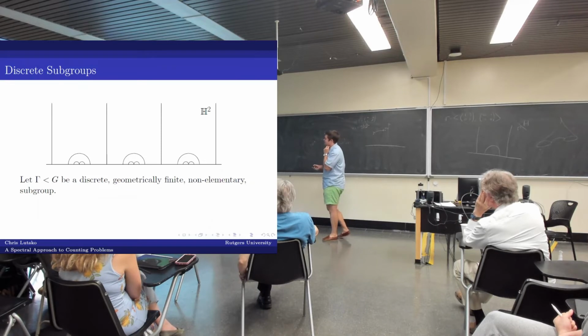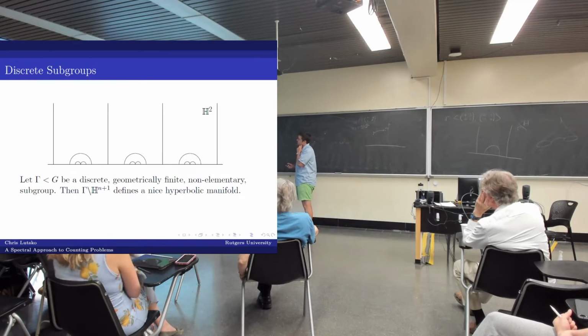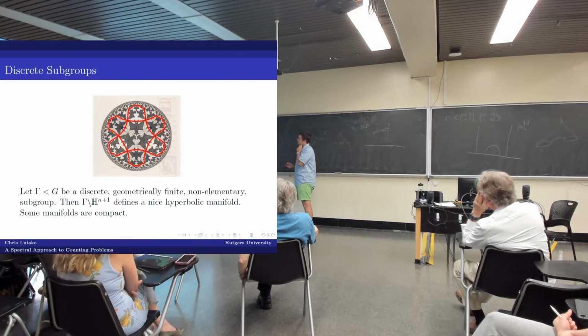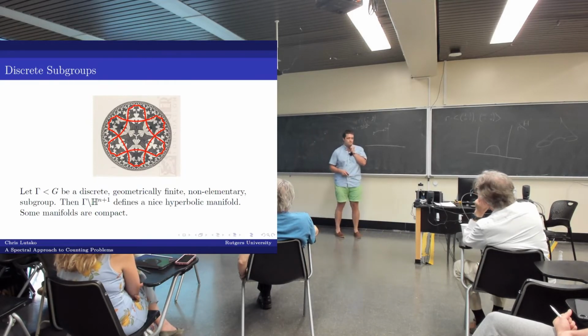This is a picture by Escher. What he's doing here is identifying this edge with this edge. It's compact because you're not picking up any pieces of the boundary. In particular, it also has finite volume.